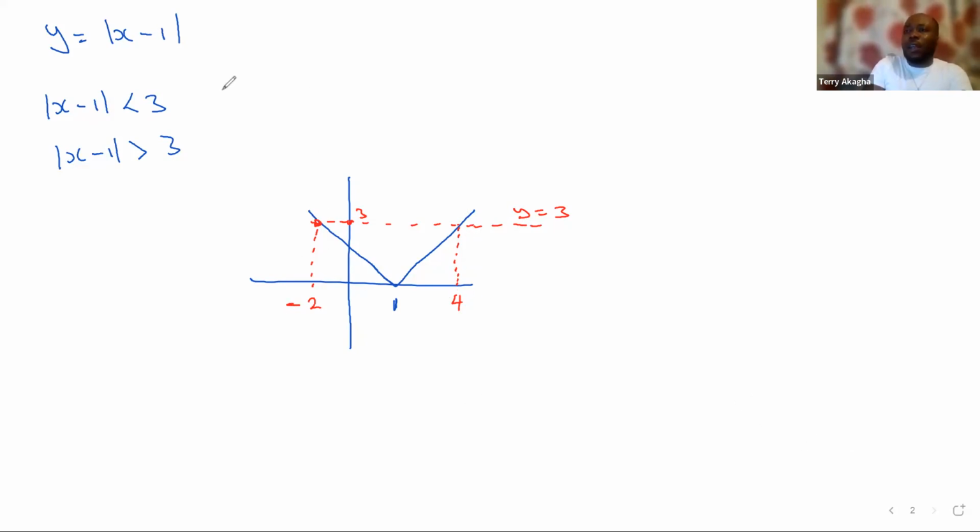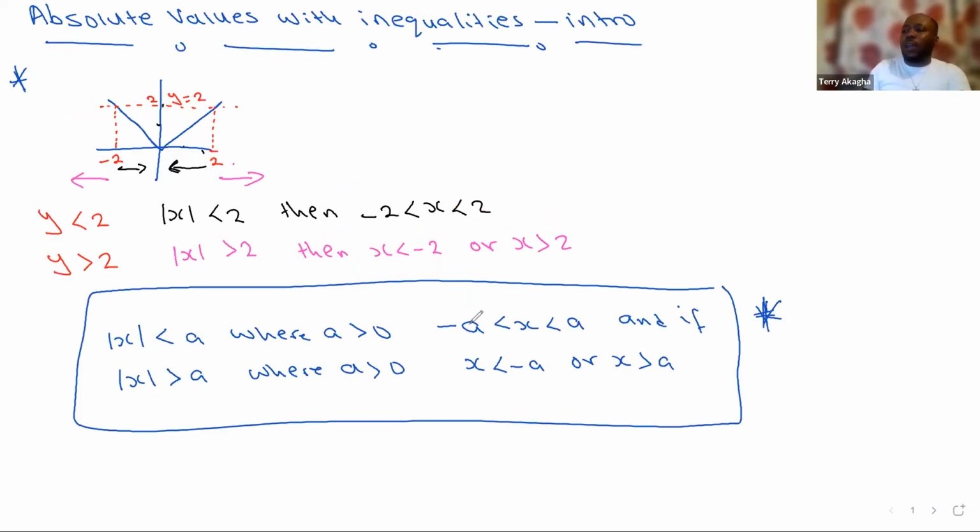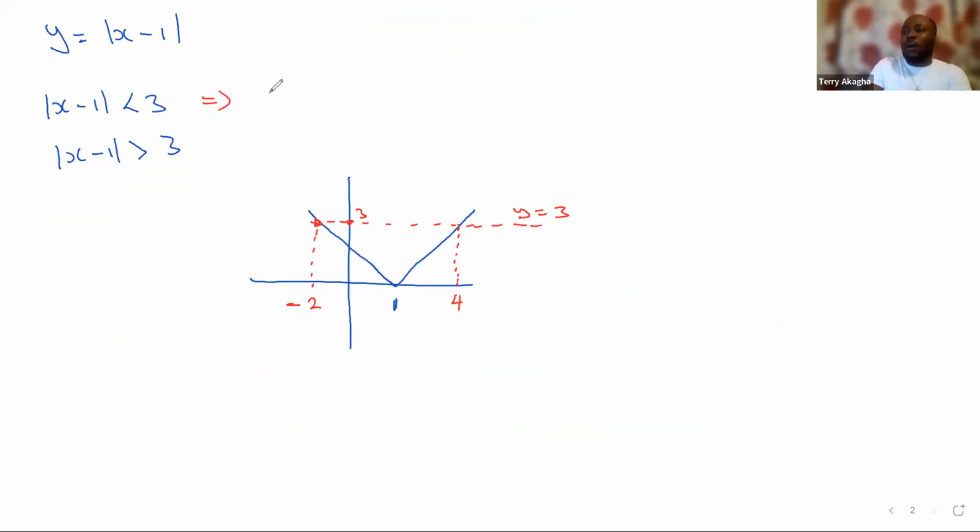So if it's less than, remember for less than, x is greater than the minus, but less than the plus. So you can now say it's going to be -2 less than x less than 4, okay?